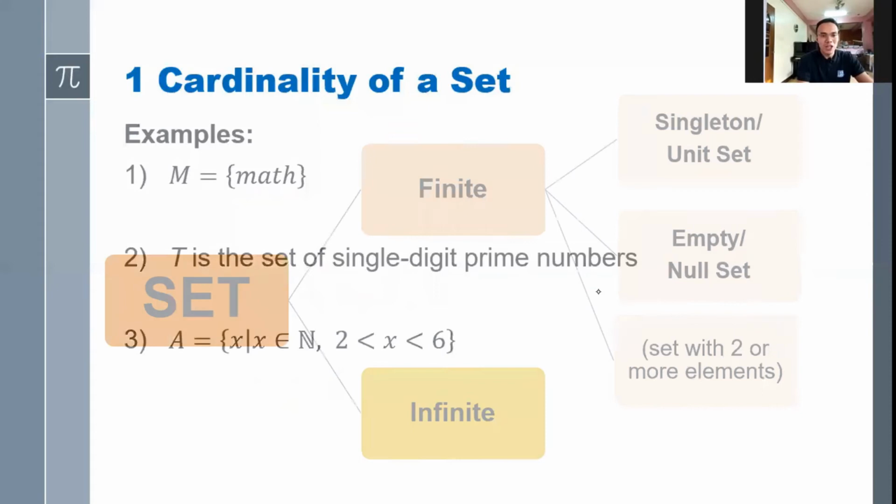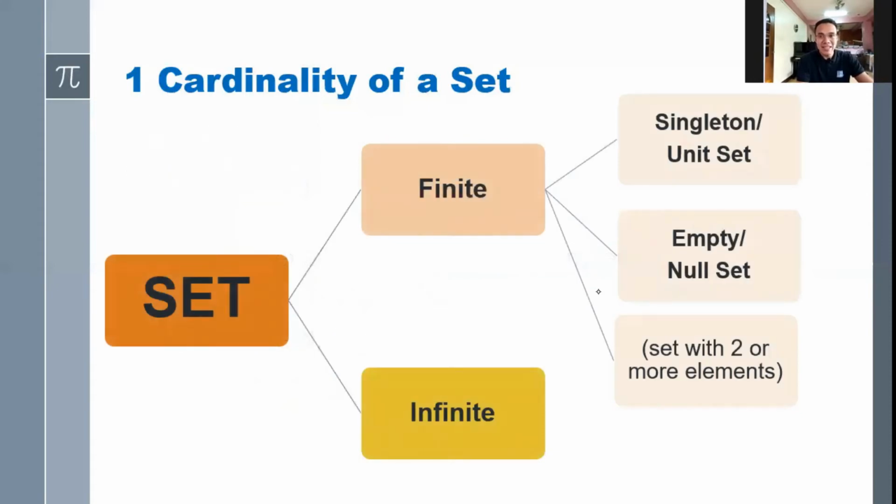Okay, let's proceed to this diagram. A given set can be classified as finite or infinite. When we say finite, the cardinality of a particular set is known. Otherwise, a set is considered as infinite.